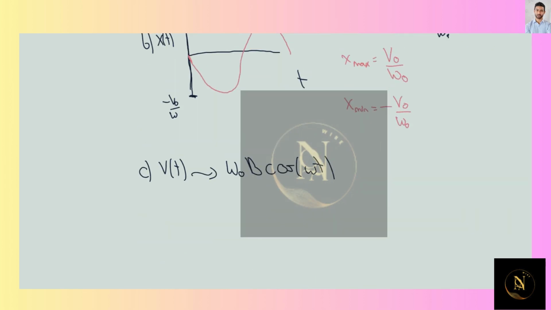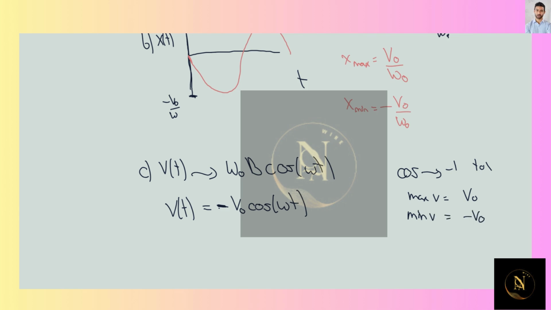Replacing the value for b, we get that the velocity as a function of time is equal to minus initial velocity times the cosine of omega t. Since cosine goes from minus 1 to 1, the max velocity would be equal to v0, and the minimum velocity would be equal to minus v0.